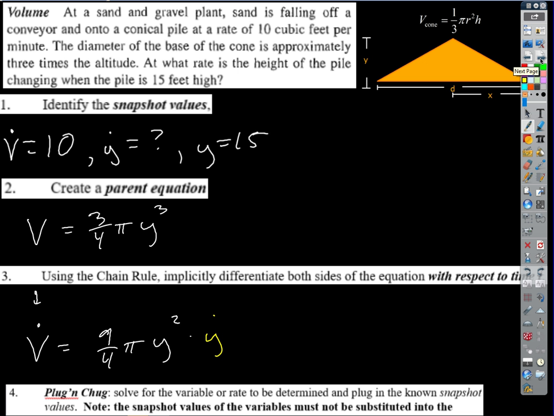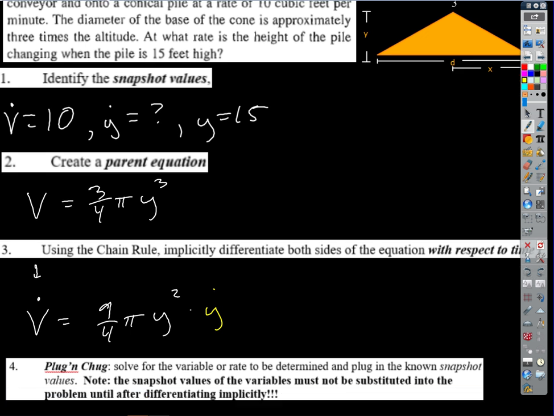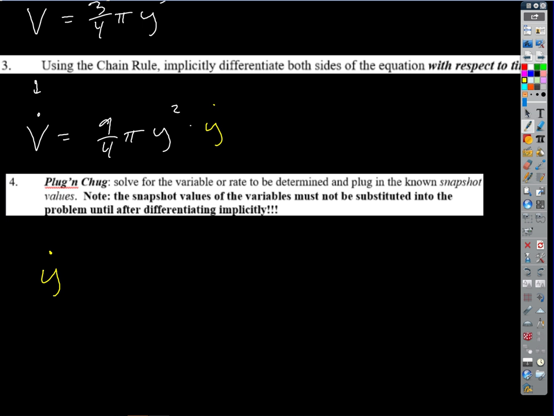See, here's the 3/4. When we differentiate, we bring the 3 out front. 3 times 3/4 is 9/4. Got it. Okay?